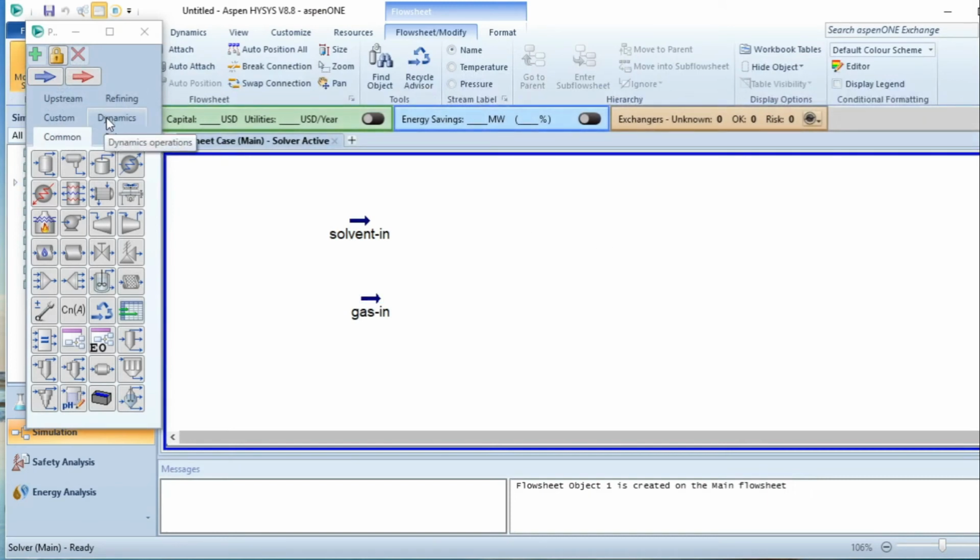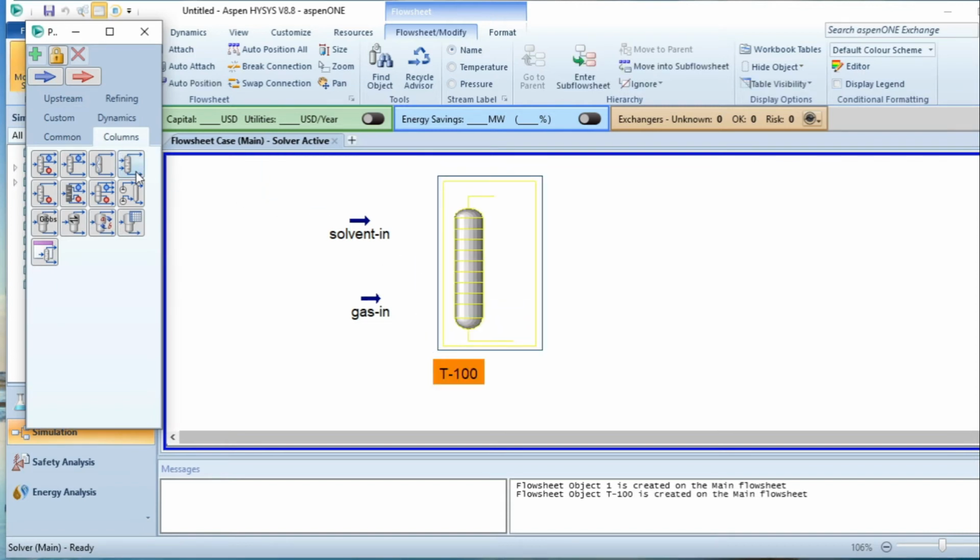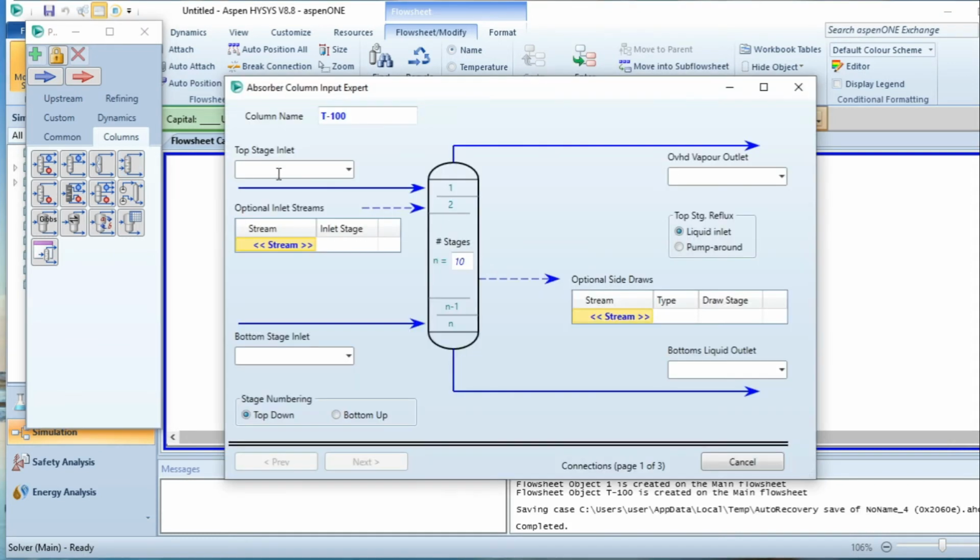So we now go to the columns and select our absorber. This is the absorber column. Our solvent in is the material stream at the upper part. This is our gas out. This is our liquid out.